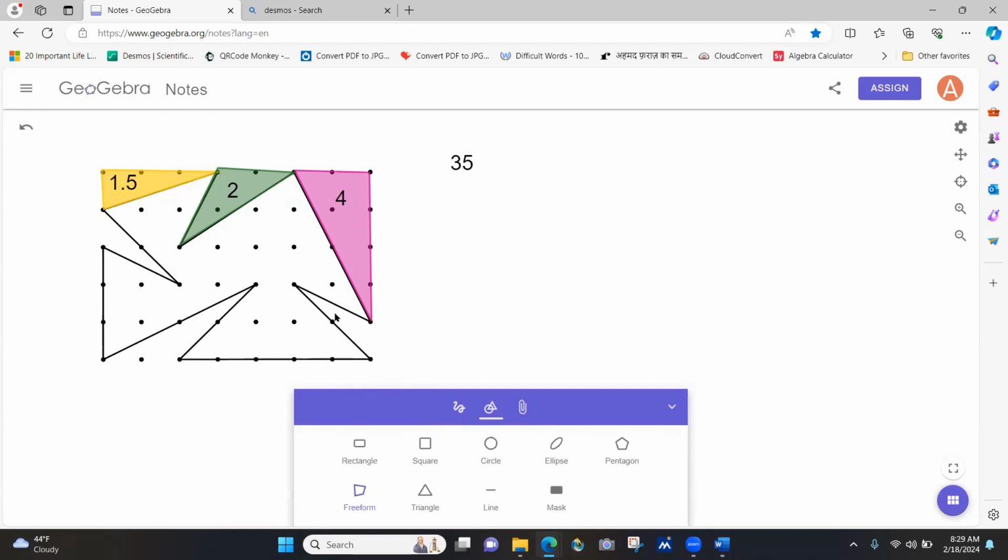So I'm going to do this one first. This bluish green triangle, I'm going to find the area of this triangle on a different slide.